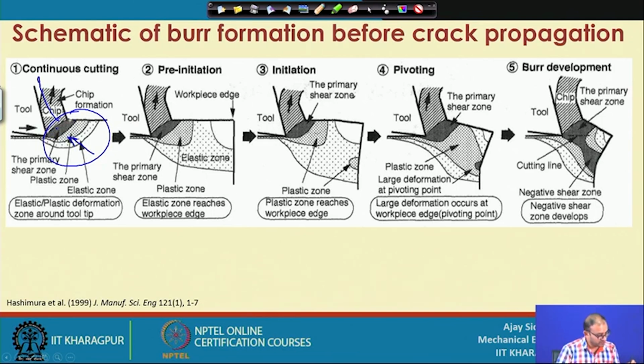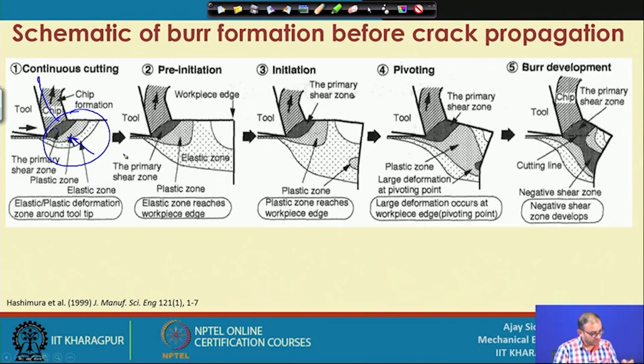That means the material is not deformed directly at the shear plane, but the deformation is initiated much before the shear plane, and that initiation will continuously convert in terms of the shear plane angle. So, that is what is shown here: the elastic plastic deformation zone around the tool. This is the elastic zone, plastic zone, and this is the shearing zone.